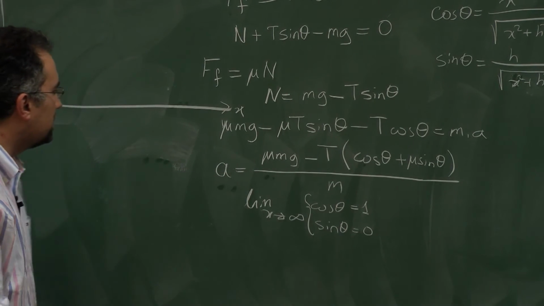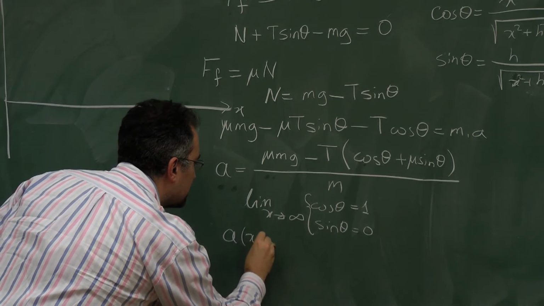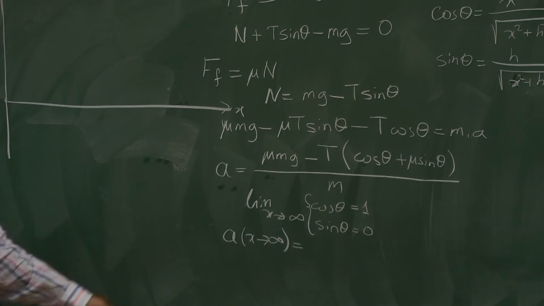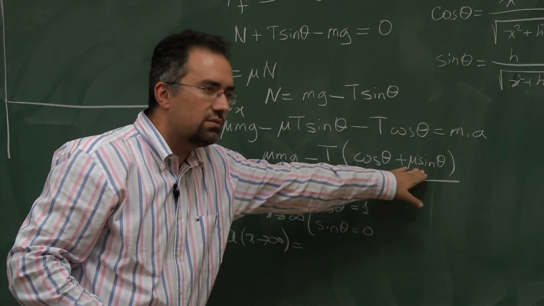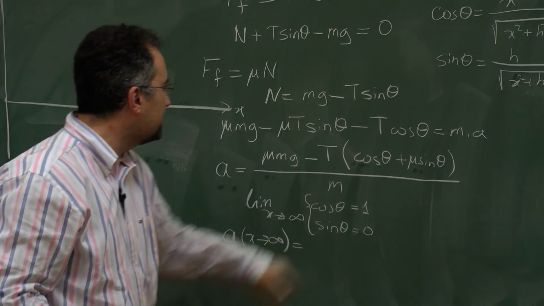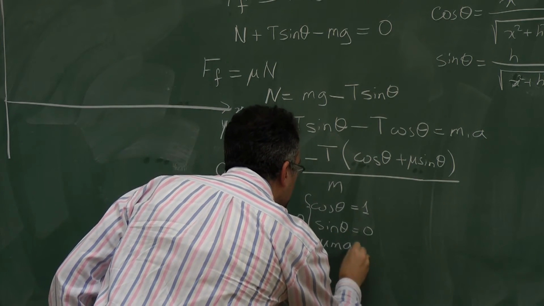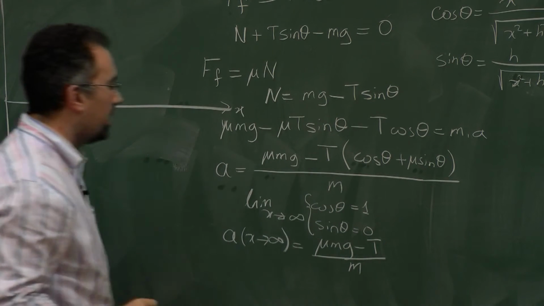So for a at x approaching infinity, this term is 0, so you get just mu mg minus T over m.